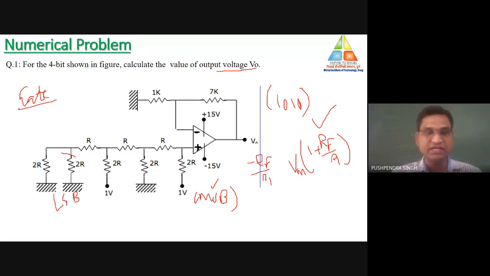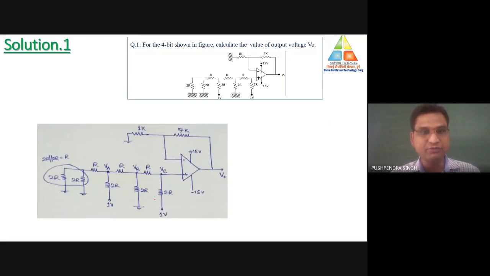Then how to calculate the final output? As I told you in the derivation part, the same thing you need to adopt here for the calculation of the final output. I tried here to solve the question on paper for you. I hope that would be clear to all of you. So for this question, first of all, try to solve these two resistance values.